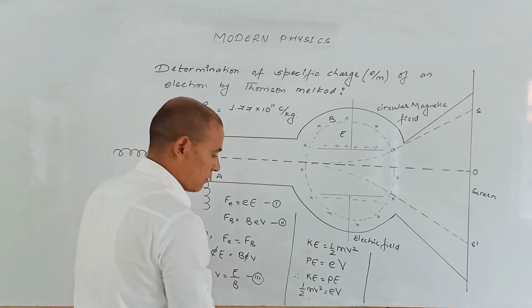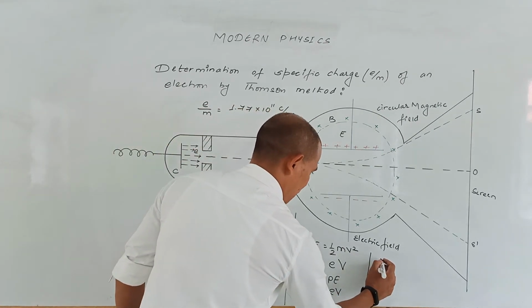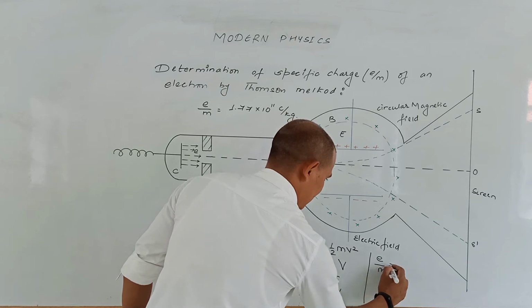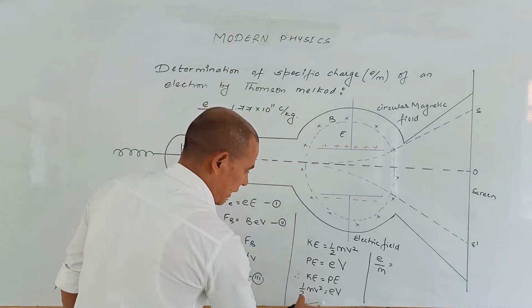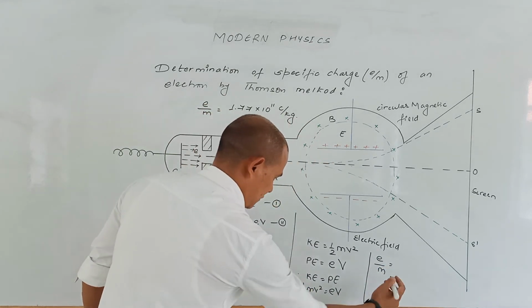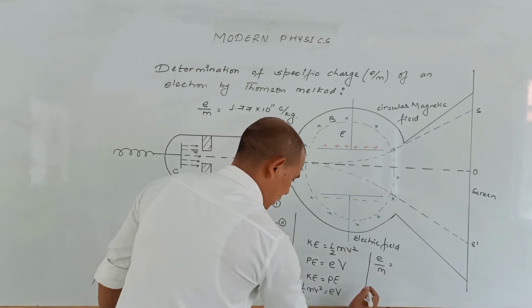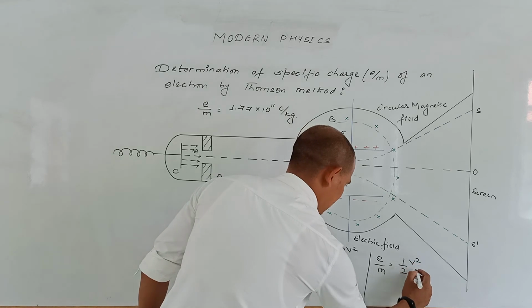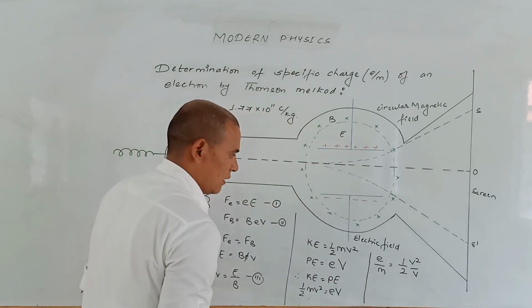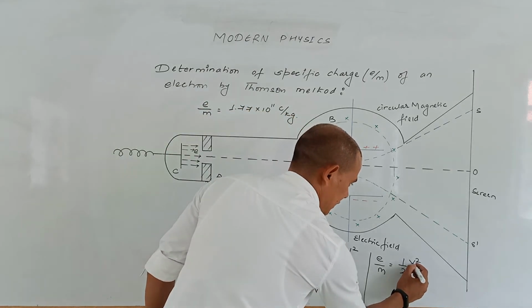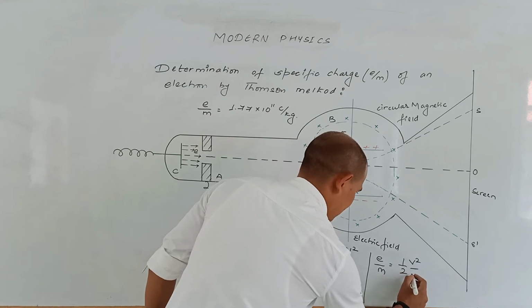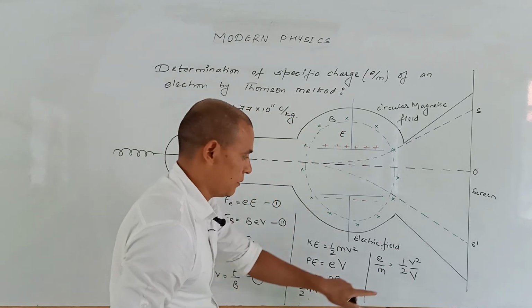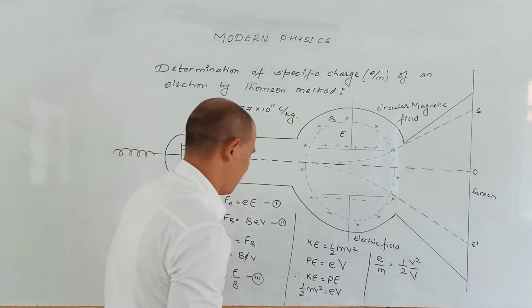Now we calculate the specific charge, e by m. When we write e by m, the m will go downwards, so our equation will be 1 by 2 v square by V. Here the big V is for potential and the small v is for velocity.